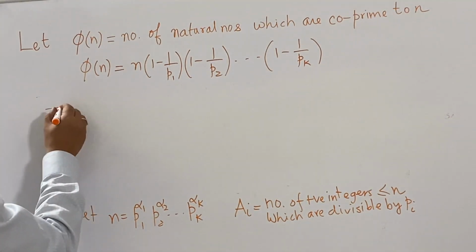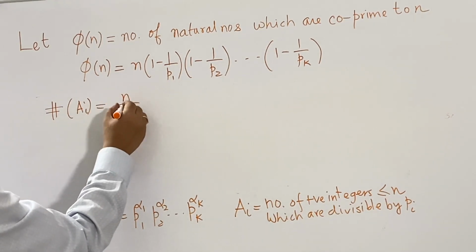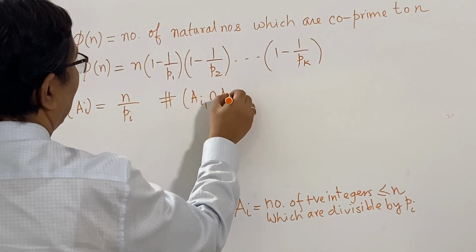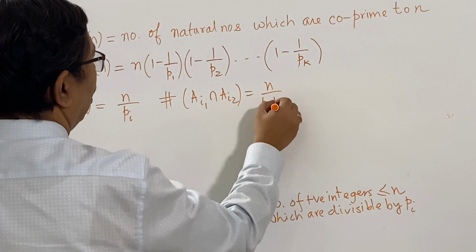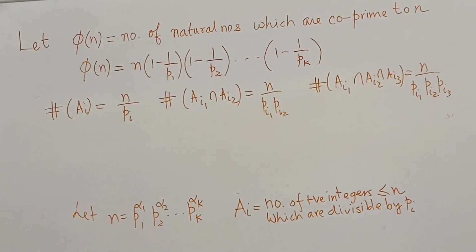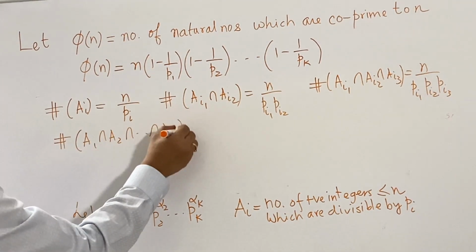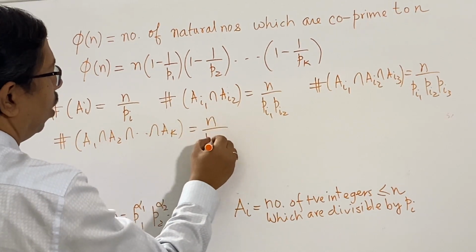The number of elements in Ai is n by pi. The number of elements in Ai1 intersection Ai2 is n by pi1 into pi2. These are the basic raw material using which we will get to the final result. And the last one, the number of elements in A1 intersection A2 intersection up to Ak is n by p1 into p2 into up to pk.